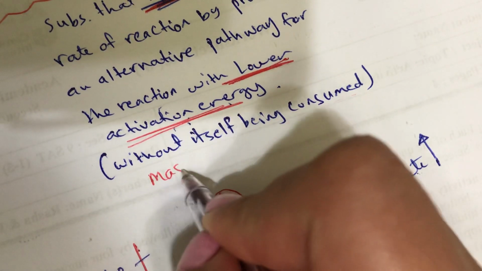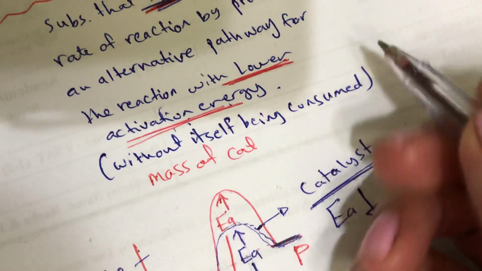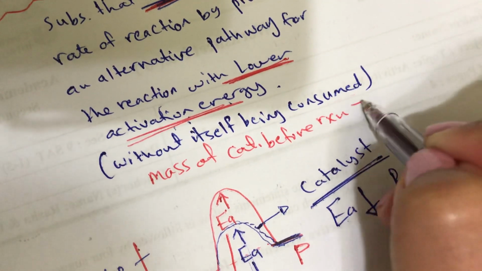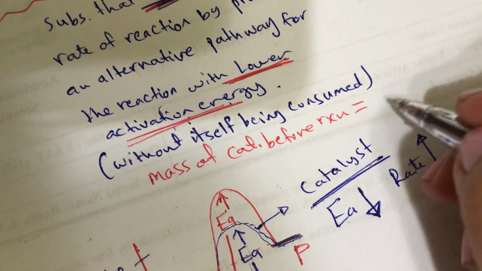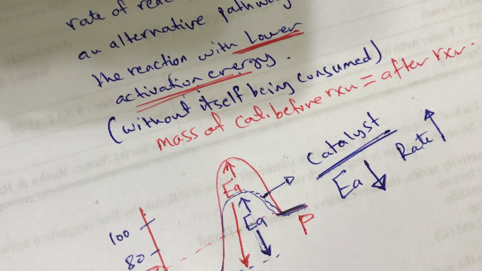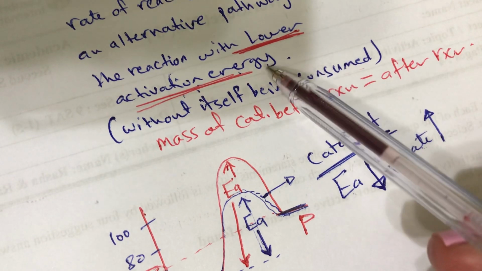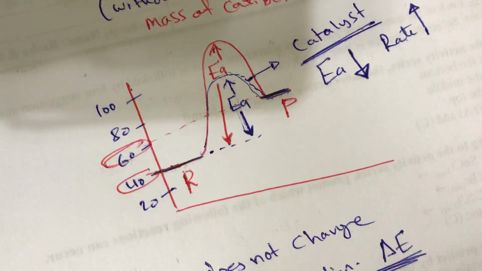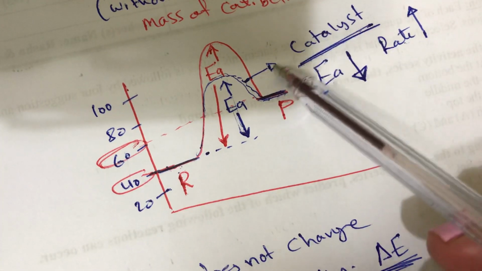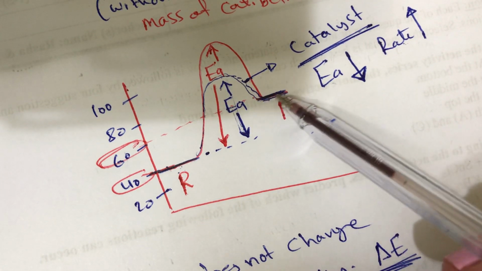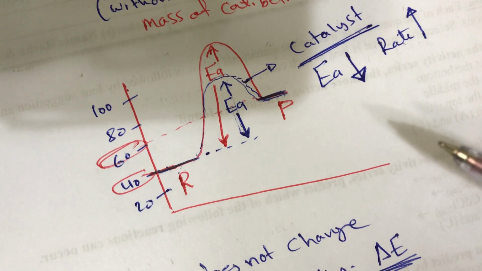So the mass of the catalyst before the reaction equals the mass of the catalyst after the reaction. It just lowers the activation energy without being chemically changed or consumed. So when we use a catalyst in a chemical reaction, it lowers the activation energy, so the rate of reaction increases.